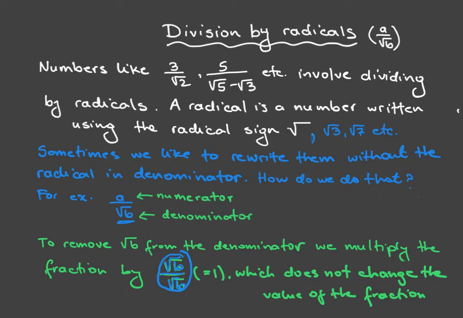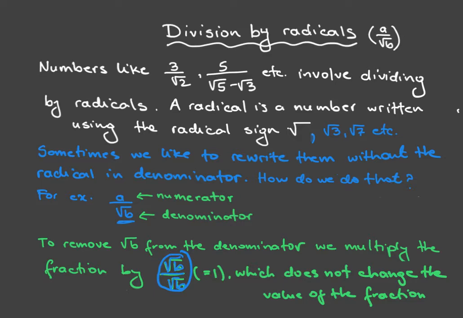This is possible because square root of b divided by square root of b is equal to 1, which means the fraction doesn't change, because when we multiply by 1, nothing changes.